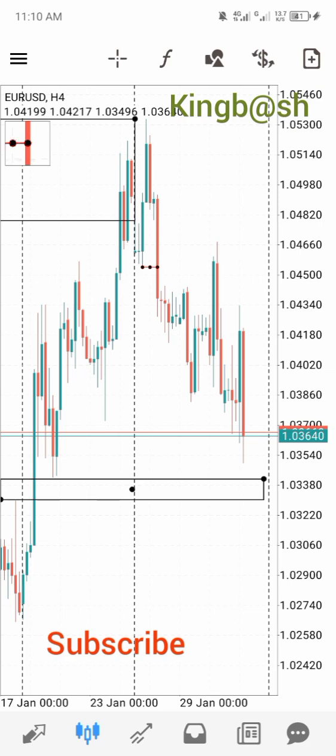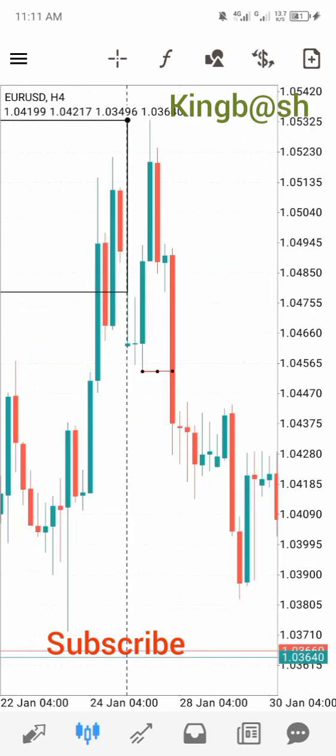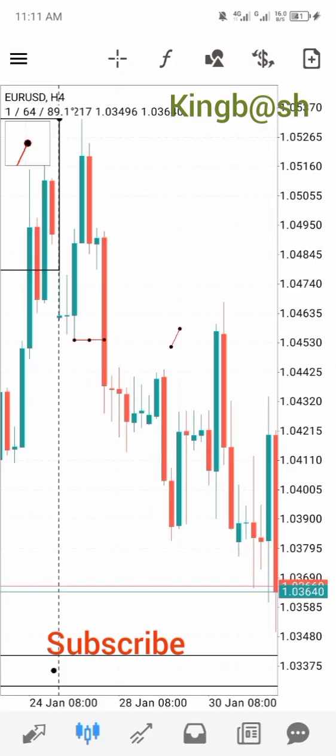Change of character. You see, this is what we call a change of character. Price broke this point, and after price broke this point, what did you see? You see price made a huge imbalance from this candle here. You can see from this candle to this candle did not touch. So this is a very big imbalance here.